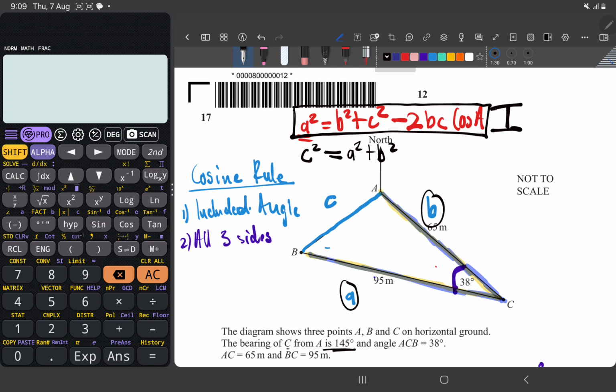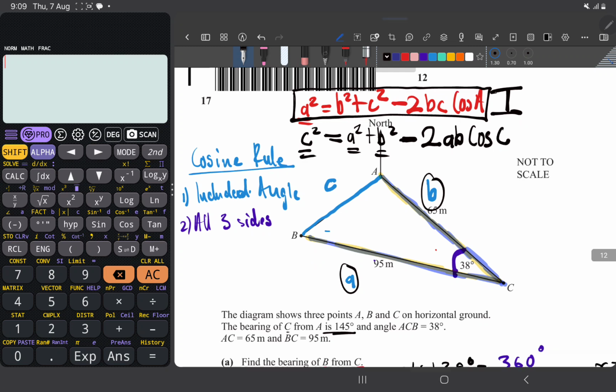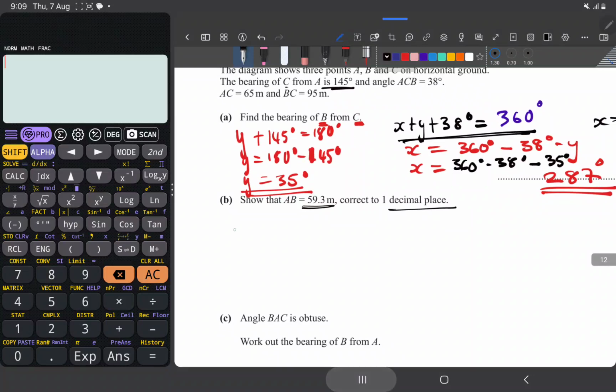Then you say minus 2ab, remember, the same letters but no longer squared. Then cos of this letter, cos C. So we can say c squared is equal to a squared plus b squared minus 2ab cos C.